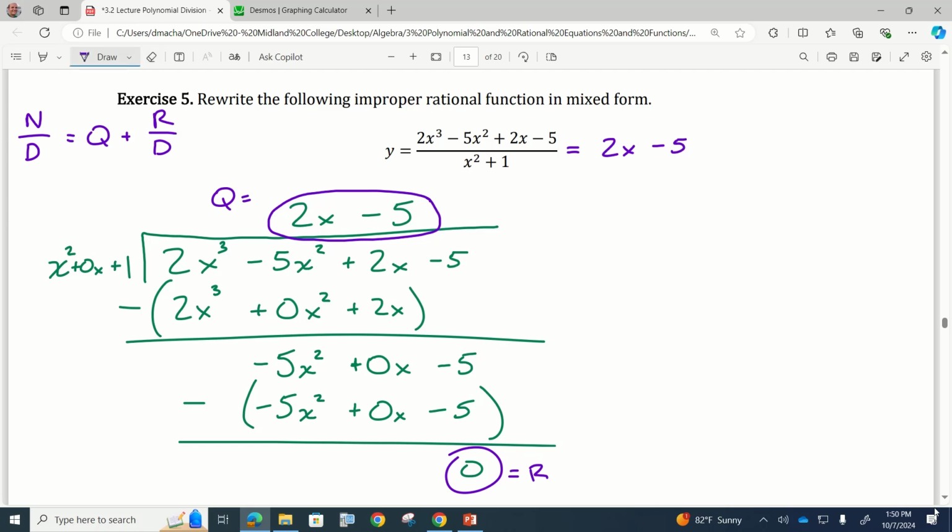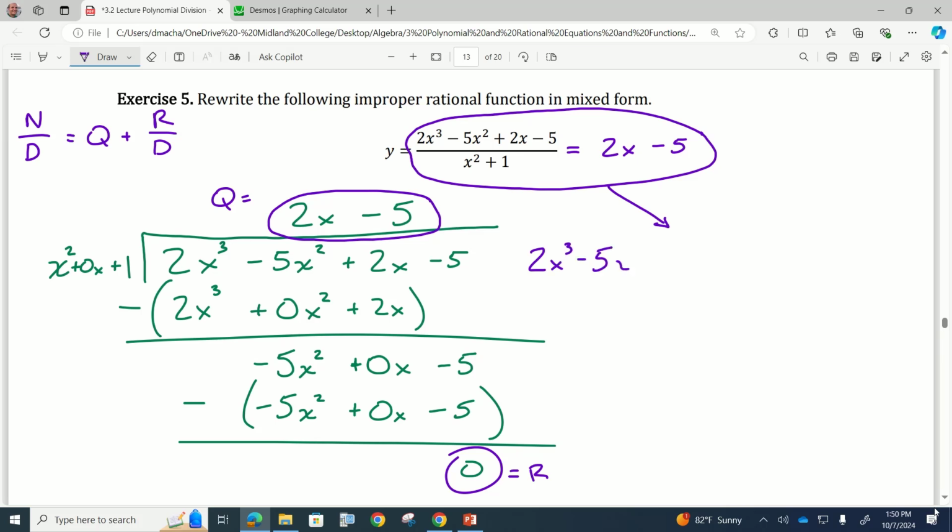And if I take this equation right here, and I go ahead and I multiply both sides of the equation by x squared plus 1, then I can rewrite this equation like 2x cubed minus 5x squared plus 2x minus 5 is equal to 2x minus 5 times x squared plus 1.